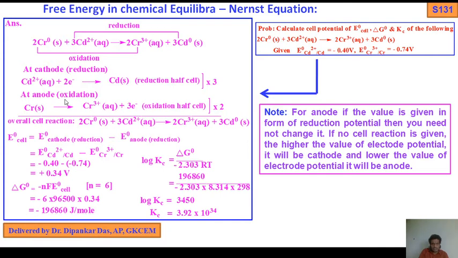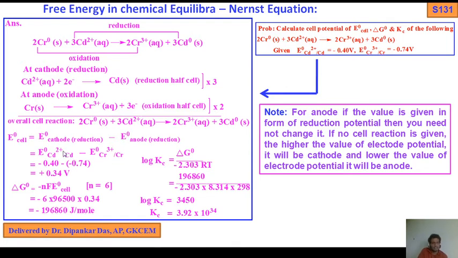So that's why 2 Cr solid, similarly 2 Cr3 plus, similarly here 3 cadmium 0 solid. So from this you get the value of n is 6, not 2 or 3, because after multiplying, which I have not shown here, it is 6 electrons: 2 into 3, 6 electrons, 3 into 2, 6 electrons, so n equals 6. So that's why this is the overall cell reaction.